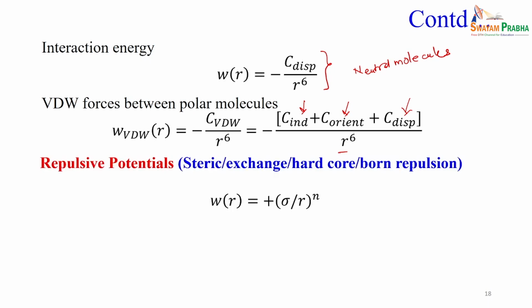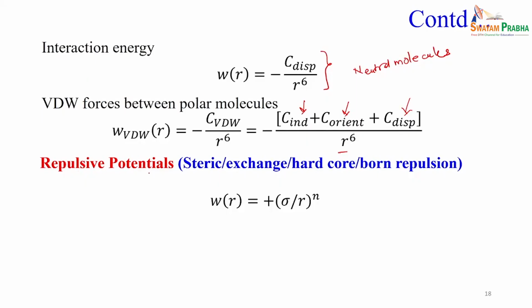This force is mostly attractive in nature, but if you remember from the last class, apart from the attraction there will always be repulsive forces. That's why it balances. If molecules come very close there will be repulsion, if they go far away there will be attraction. That's why the system lives in equilibrium.